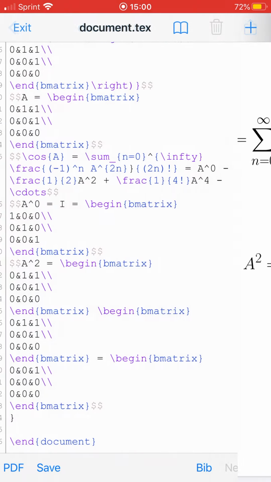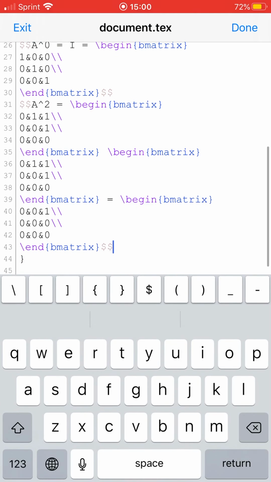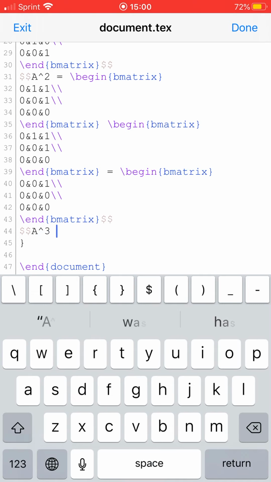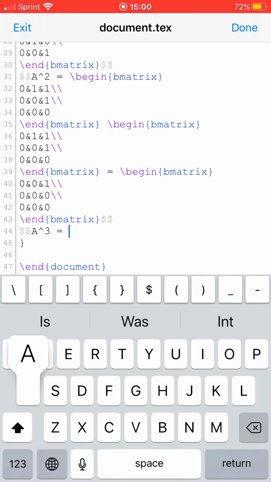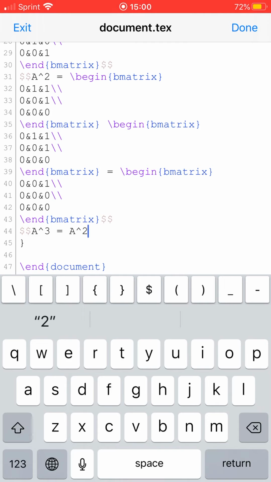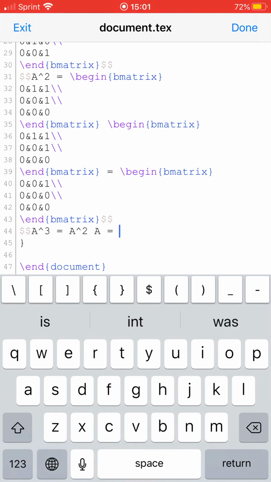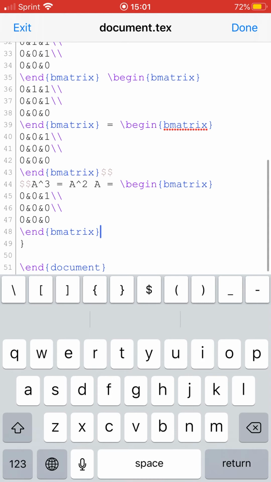And let's check that. So a cubed, a to the 3rd power, is equal to a squared times a, which is equal to, okay, so we know that a squared is that thing that we just calculated, a squared, and then times a.